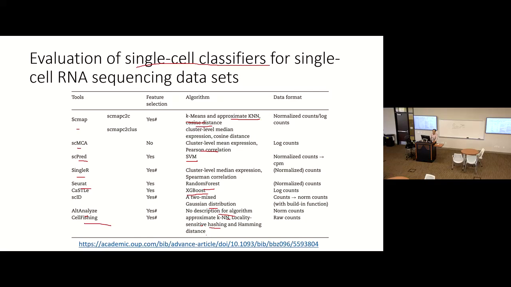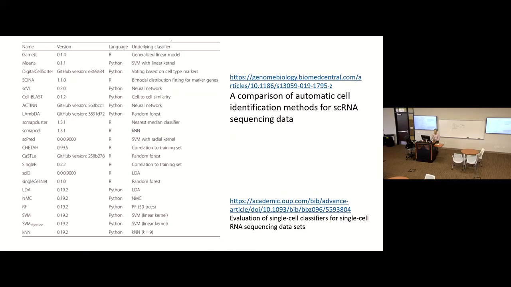They have different inputs, mostly in the language of Python or R. This one is neural network based, based on cell similarity. All of these require training data, so you have to have a reference cell type.